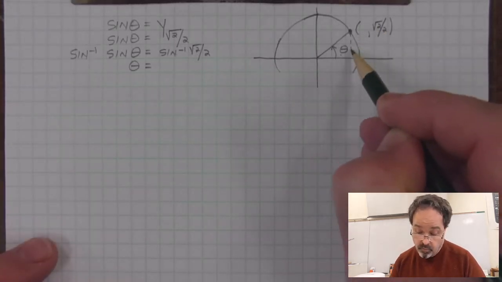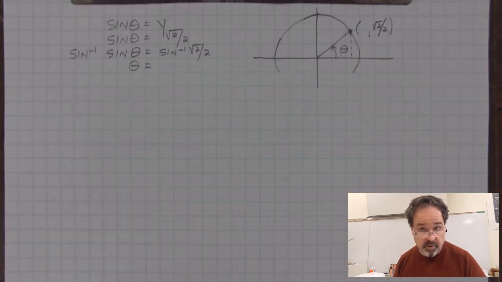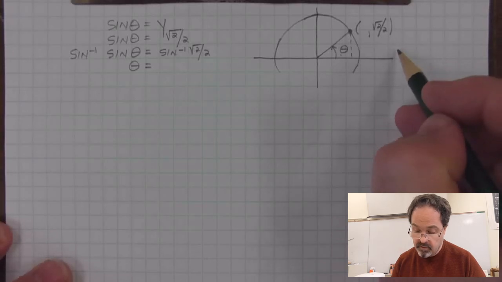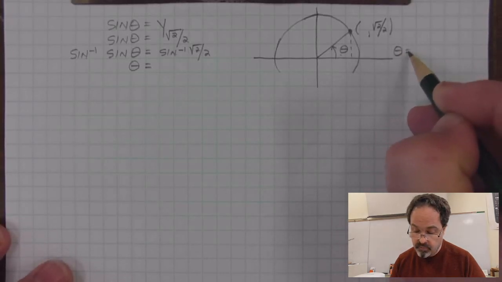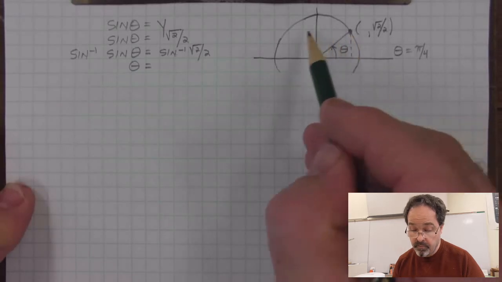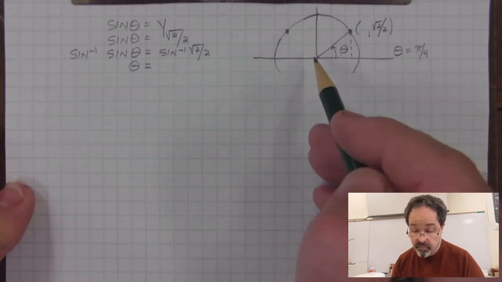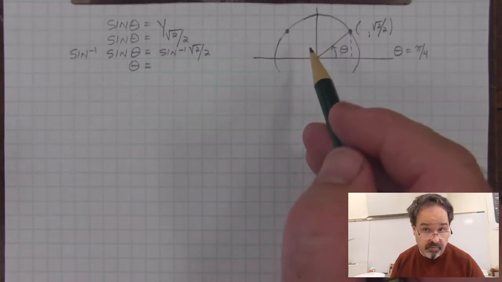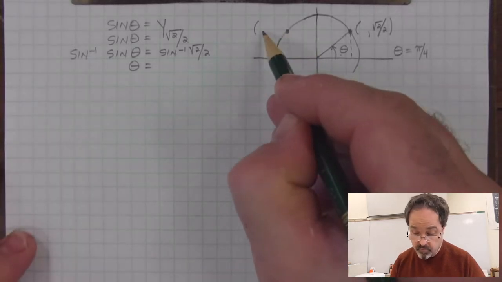Being familiar with a unit circle might help. This is a common angle. And in this case, the common angle that has a sine of radical 2 over 2 is pi over 4. But in seeing it this way and being reminded of the unit circle, we know that there's a second point that has the same y value or the same sine.